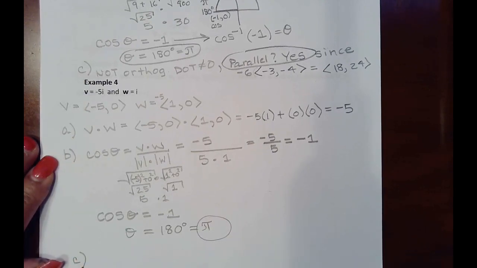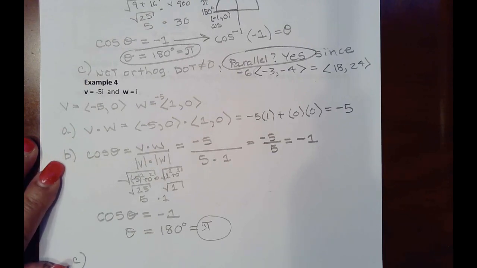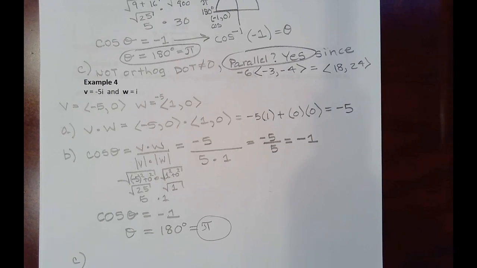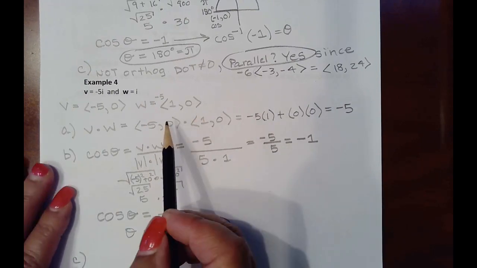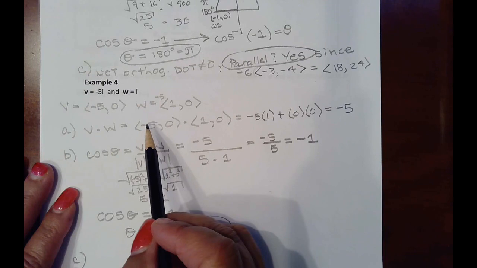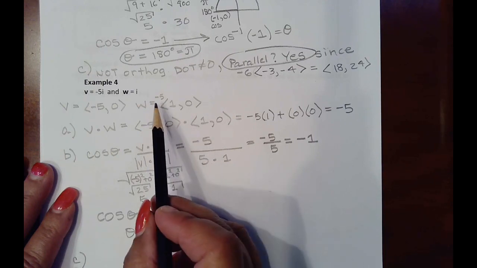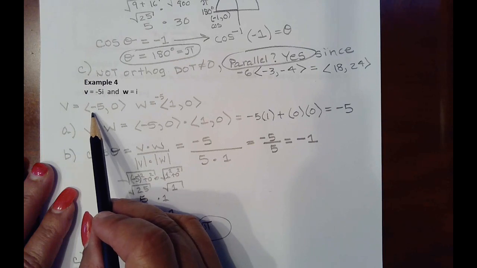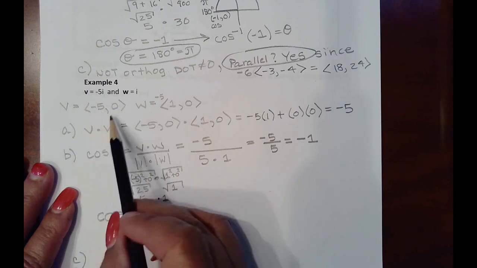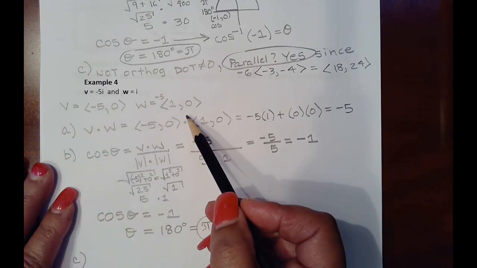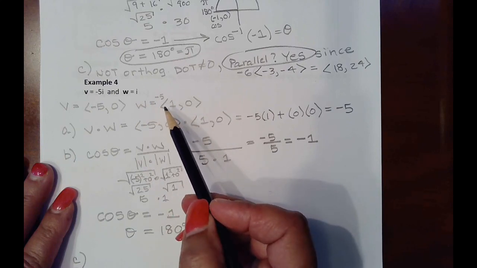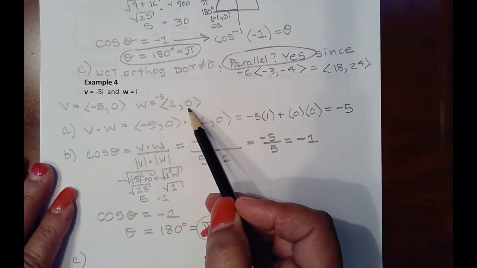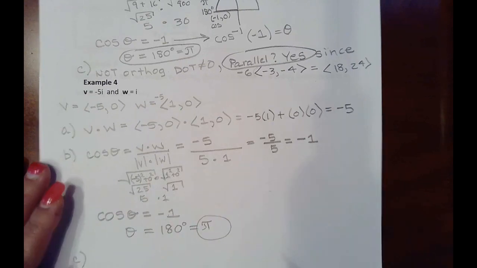And part C, no, they were not orthogonal, but we did determine that they were parallel, and that is more or less just eyeballing the components of both vectors and seeing, hey, can you take the smaller ones and multiply by some scalar that would show you that the other vector is a multiple of these smaller numbers. And we said that that scalar used to multiply both of these components would produce the other vector.